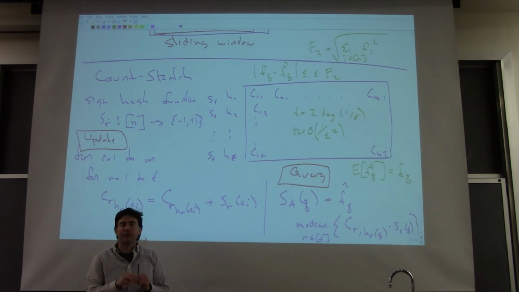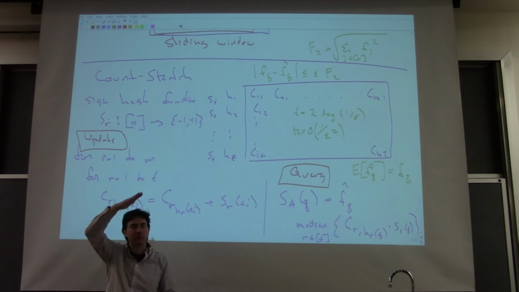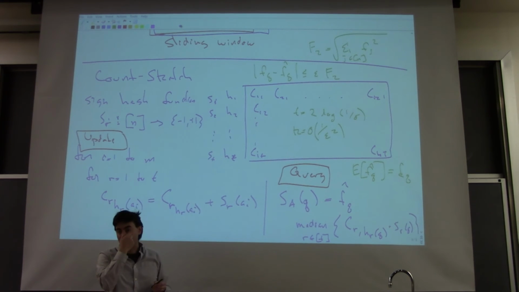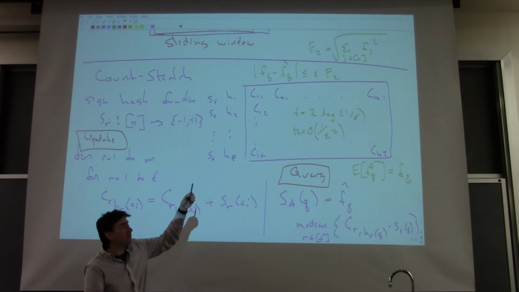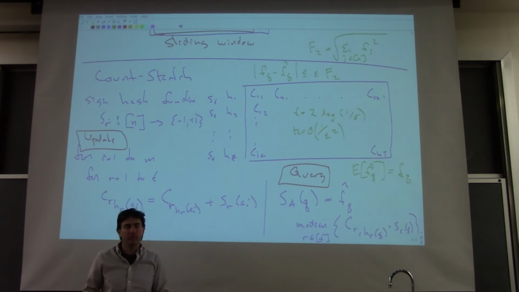But if you have a very heavy tail of your distribution, like the words in the English language, their frequency falls off pretty slowly, then this will actually work better in practice, because this F2 bound turns out to be better. Okay, so I'm not going to talk too much more about that, but it's a simple trick, a variation on the count min sketch.